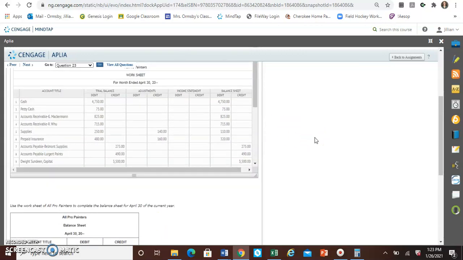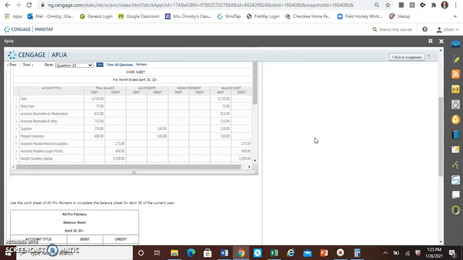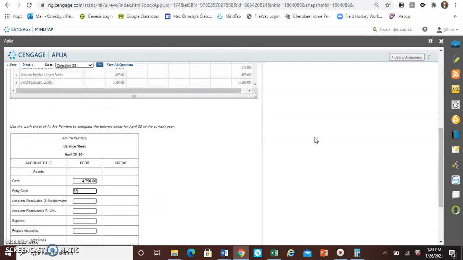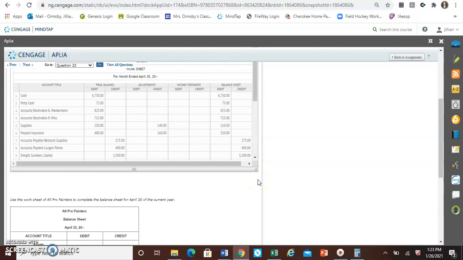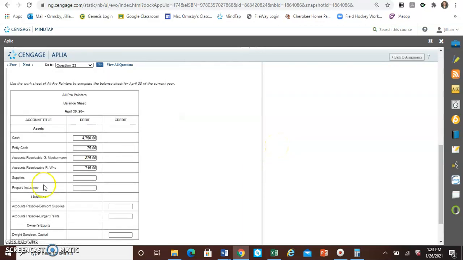Accounts receivable is 825 and 715. Supplies, again, make sure to take supplies and insurance from balance sheet, is 110 and 320.